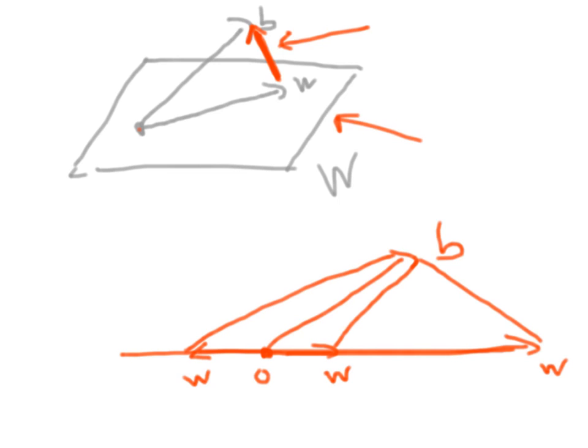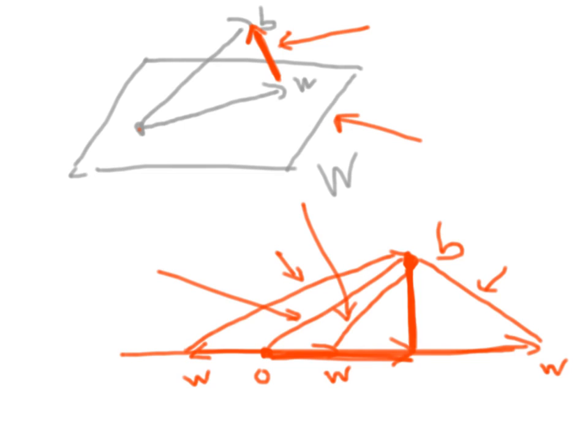Where is the w that minimizes these differences? Well, the shortest one is the one that goes perpendicular to this axis. This is the w that makes your difference shorter.